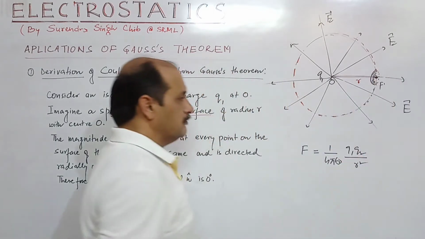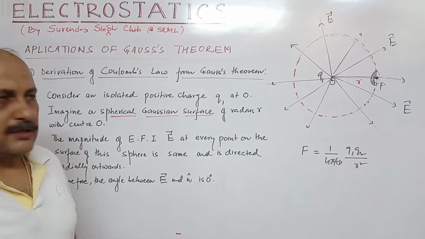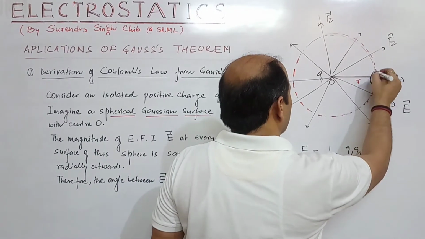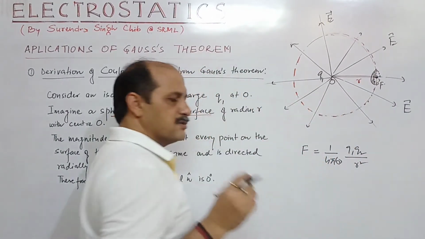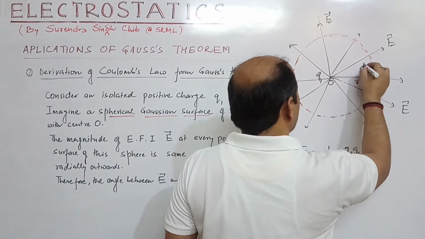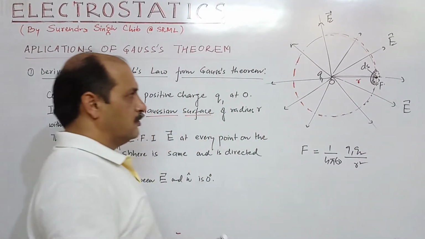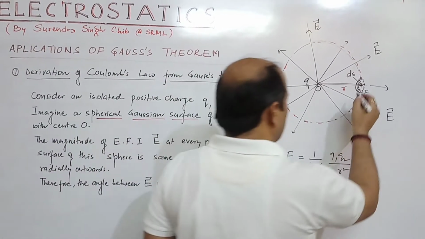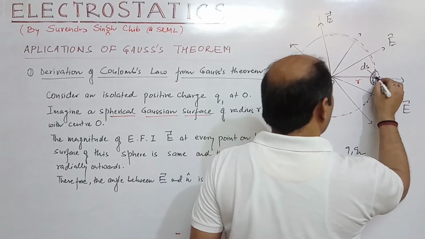तो हम एक point P लेते हैं at a distance r, और that point P is on a surface element. What is the area of that surface element? Say this is ds. What is the n cap, or you can say area vector of the surface element at point P? It is this.